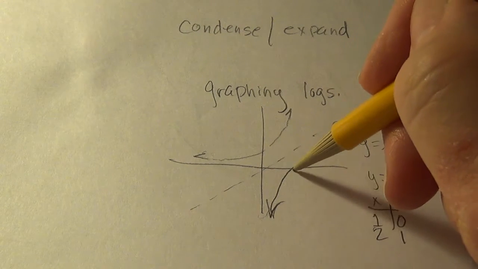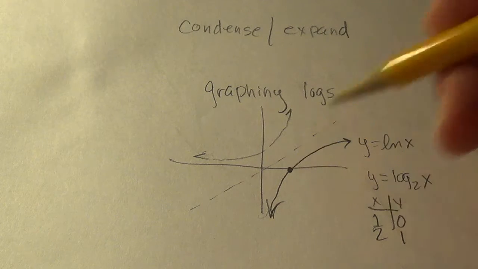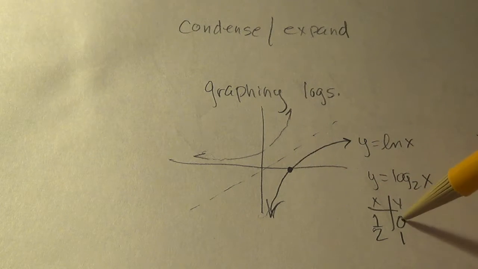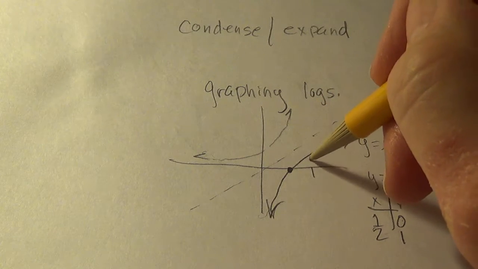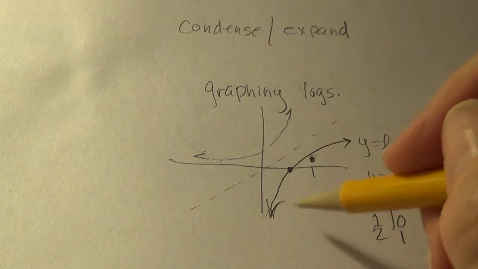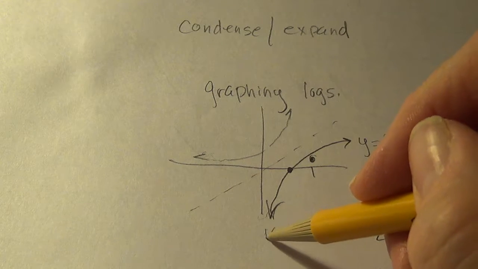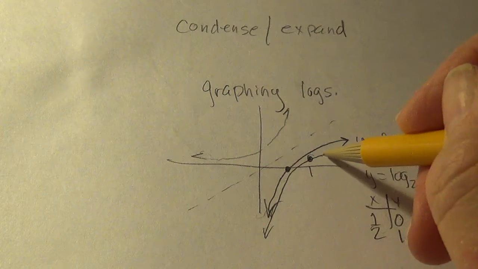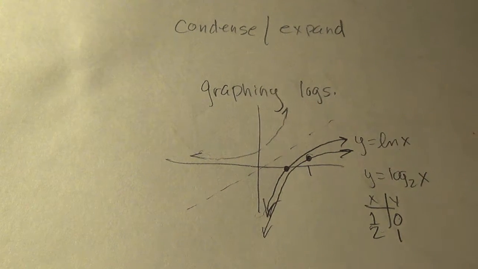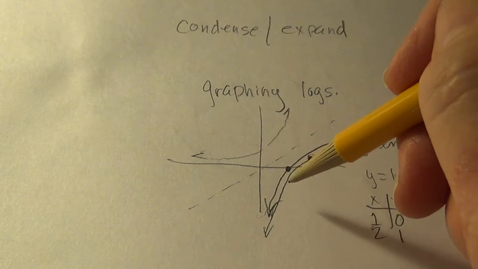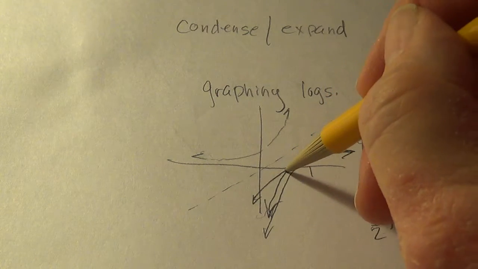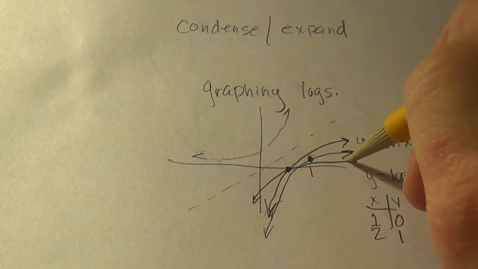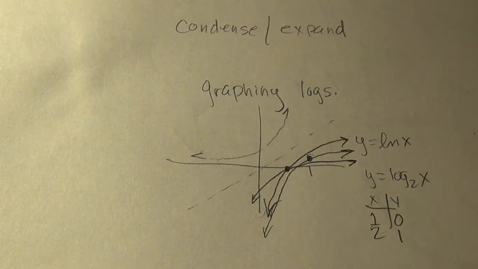So those points: 1 over 0 up, so that's on all of them. This is 2 over 1 up. So that would be y equals log to the base 2 of x. Well, y equals log to the base 10 of x would be very close to the x-axis. It would be way bent in.